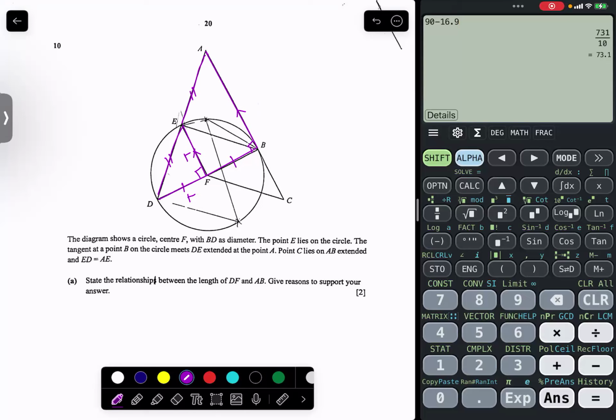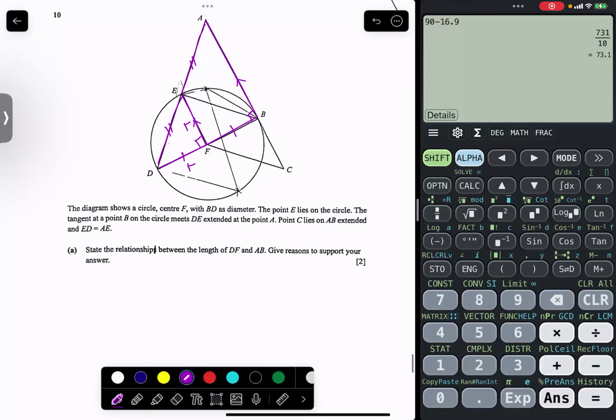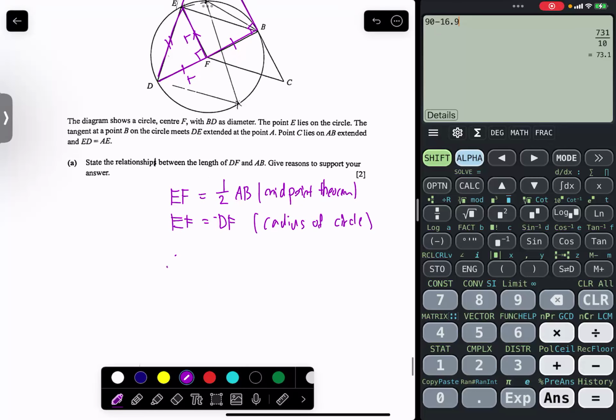Therefore EF is equal to half AB. And EF equals DF, since it is a radius of the circle. Therefore, DF equals half AB.